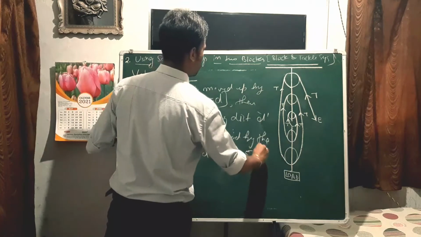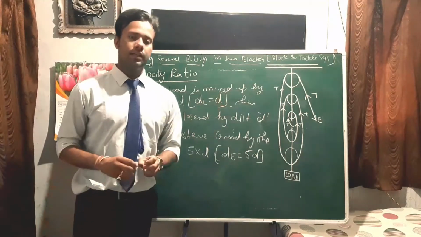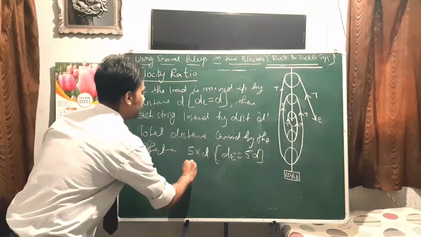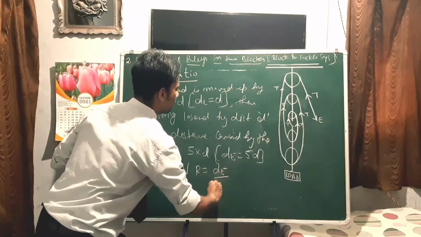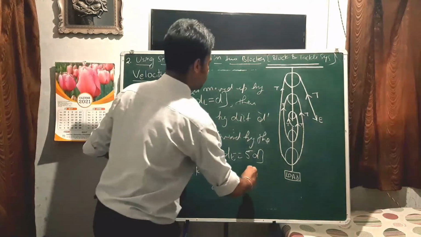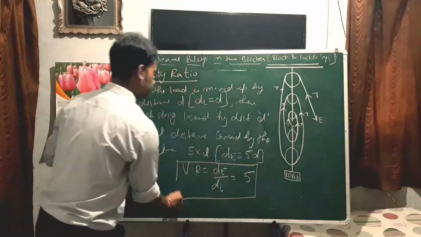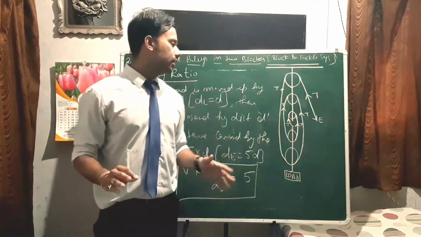DE will be 5d. So now we have DL, we have DE, so we can find the velocity ratio. Velocity ratio VR will be DE upon DL, that is 5. So again, it's quite easy to find the VR in this case.